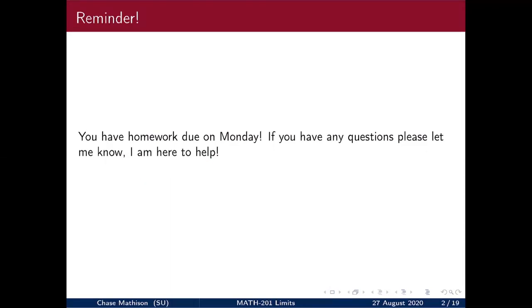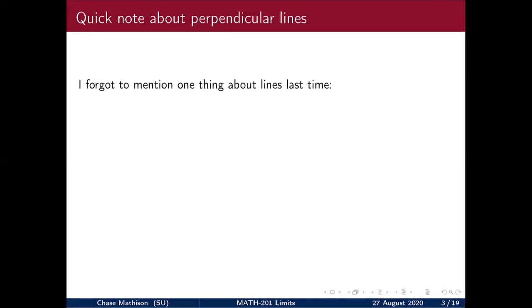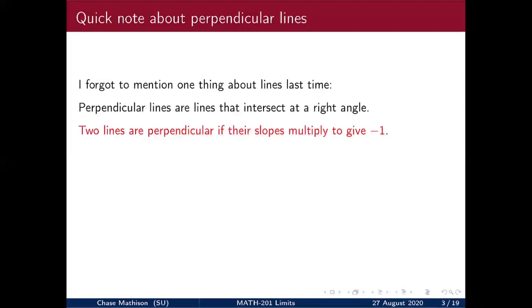All right, so I forgot to mention perpendicular lines last time. Perpendicular lines are simply lines that meet at a right angle, okay? That definition is not very helpful for the homework. The way that you know two lines are perpendicular is if you take the slope of one line and multiply that by the slope of the other line and you get -1.